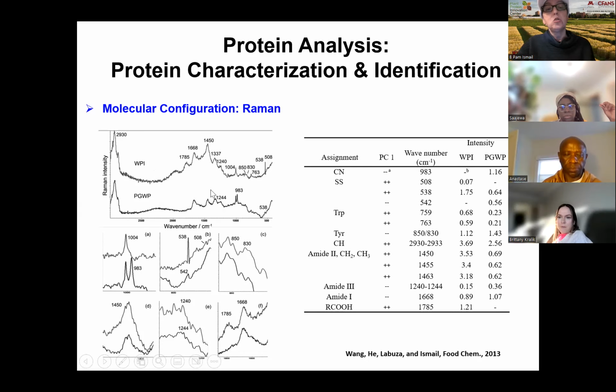If you look at the partially glycated whey protein, you have a unique peak that showed up at 983 wave number. At 983, we don't see a peak in whey protein isolate, but we see a peak of a particular intensity in the glycated protein. How is that helpful?